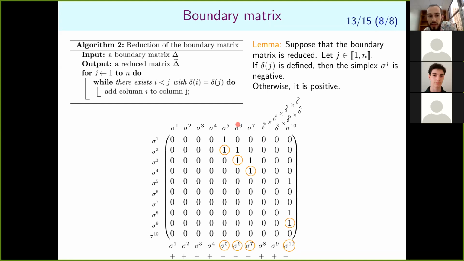I think this is true. I think that the negative simplices, you consider the boundary of the negative simplices, this will be a basis of the boundaries. I think so, yeah.